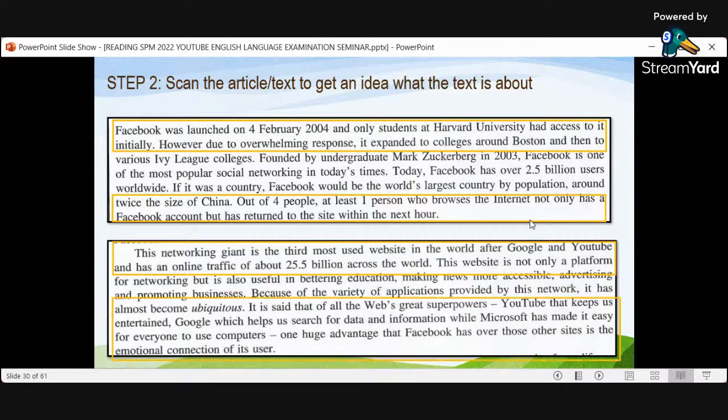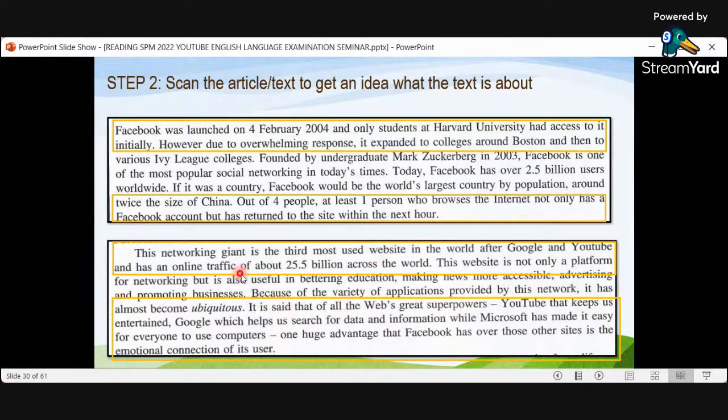And then you look at the last one, which it is said that all of the web great superpowers, YouTube that keeps us entertained, Google which keeps us searched, helps us search for data and information, while Microsoft has made it easy for everyone to use computers. One huge advantage that Facebook has over those other sites is the emotional connection of these users.